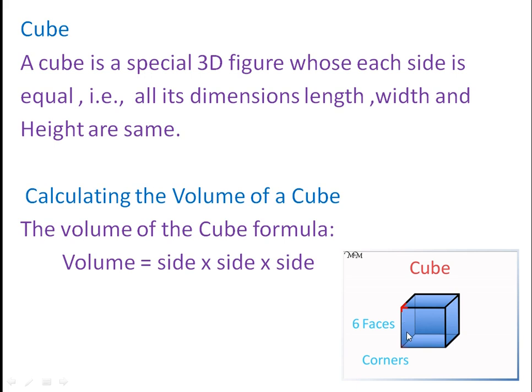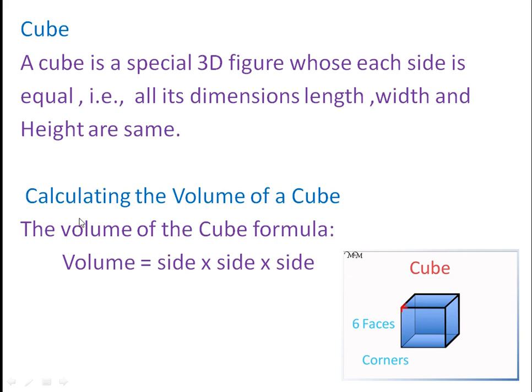These are the faces. That is, all its dimensions, length, width and height, are the same. See, this is the picture for the example for the cube. These are the faces, and we also call them sides.